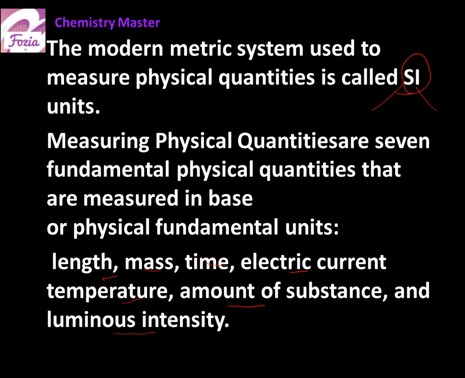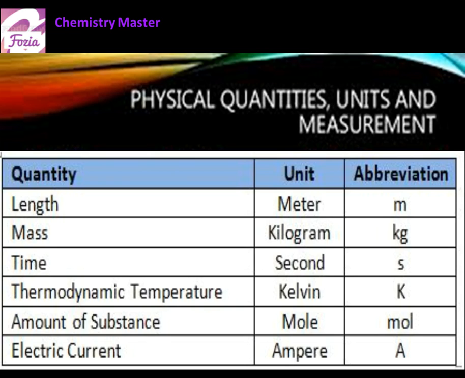So we have a little bit of an idea of mostly all of the physical quantities, how they are measured. Now let us have a look at the table in which all these 7 quantities are tabulated, and the units and the abbreviations are there.